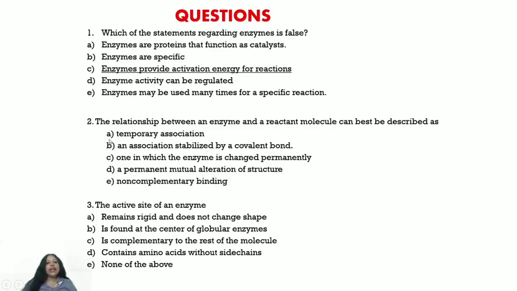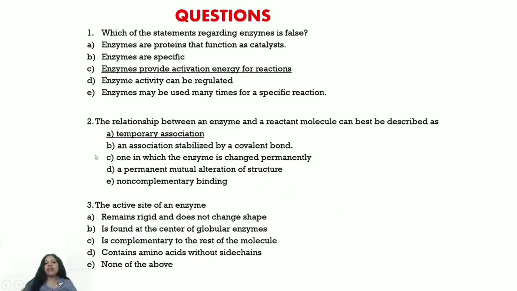Correct? The second one: the relationship between an enzyme and a reactant molecule can be best described as, and reactant means substrate. The options are temporary association, an association stabilized by covalent bond, one in which the enzyme is changed permanently, a permanent mutual alteration of structure, or non-complementary binding.